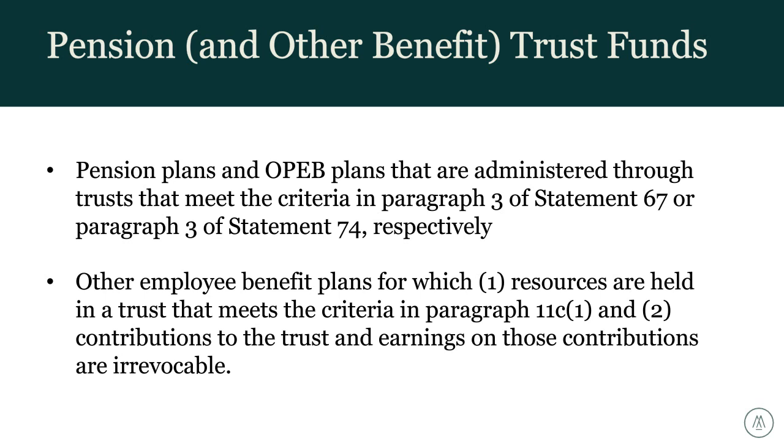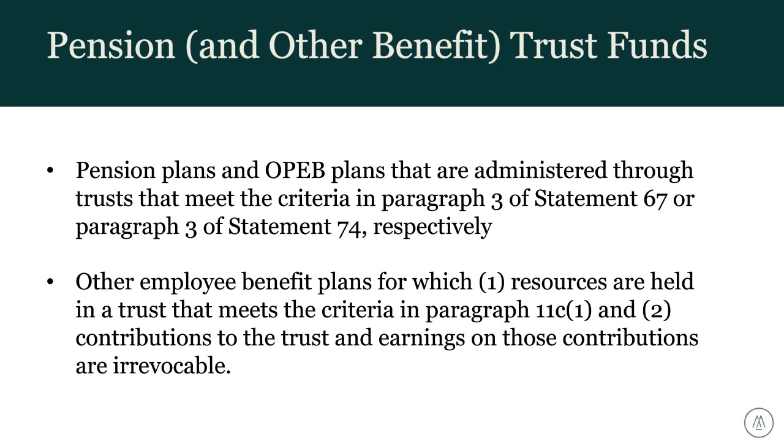The first category of fiduciary fund, and perhaps the most common to most governmental reporters, are pensions and other benefit trust funds, or OPEB plans. These are plans that are administered through trust arrangements as defined in GASB 67 or GASB 74 for OPEB plans. And what's interesting here is this includes both defined benefit and defined contribution plans in most cases.